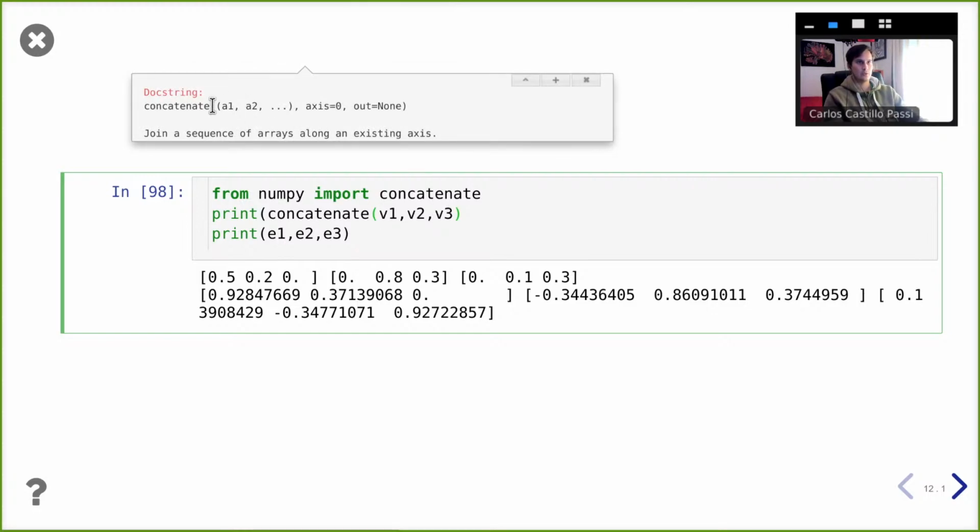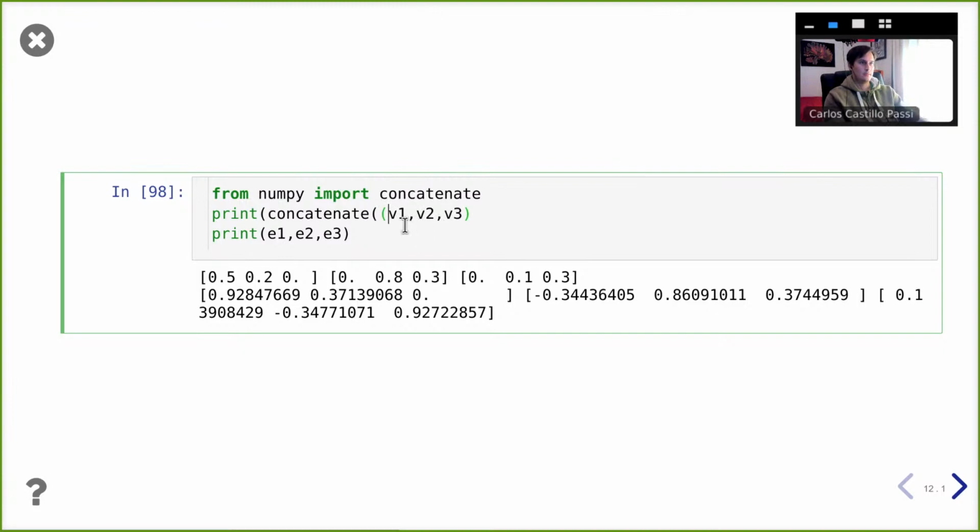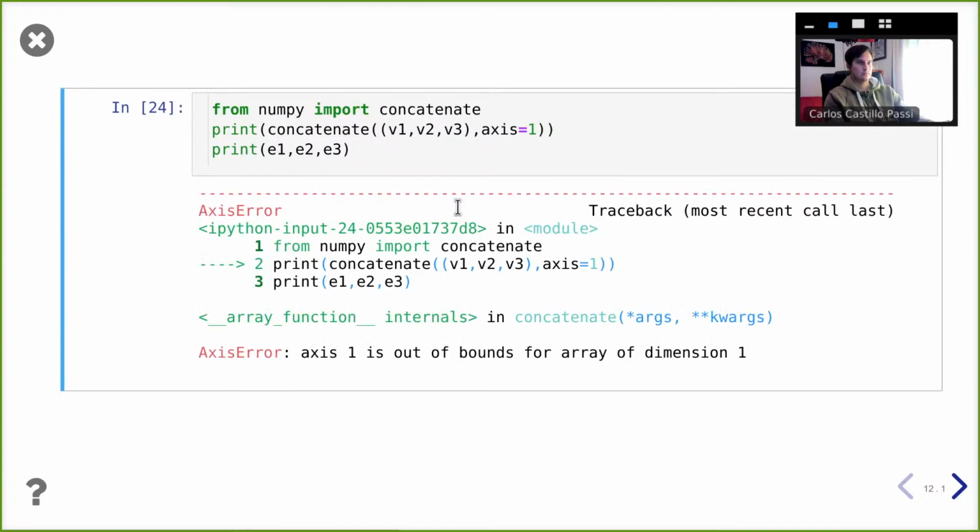To use concatenate, the first argument is a tuple of vectors, and then you need the axis. So the vectors are b1 until b3, the axis is 1.